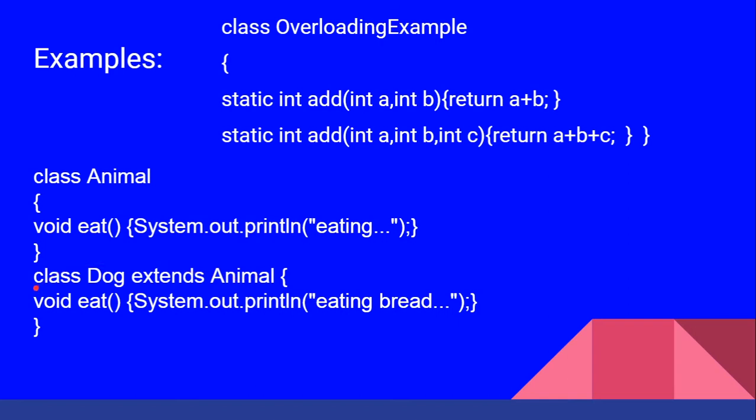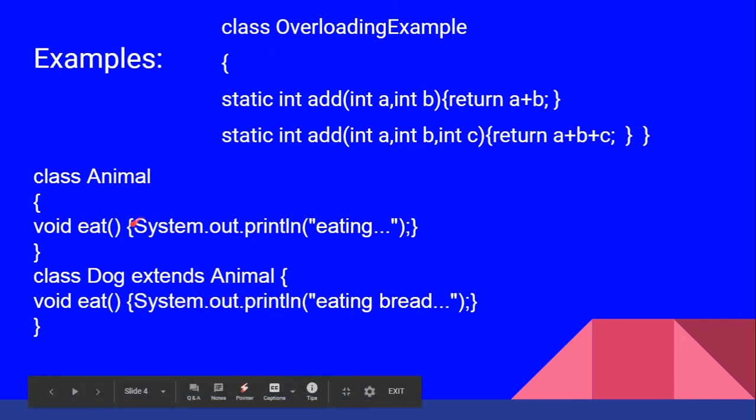Now here we are defining a method called eat, with the same name and the same parameters. There are no parameters for this function eat, so the same name and the same signature. Here the message is System.out.println eating bread.